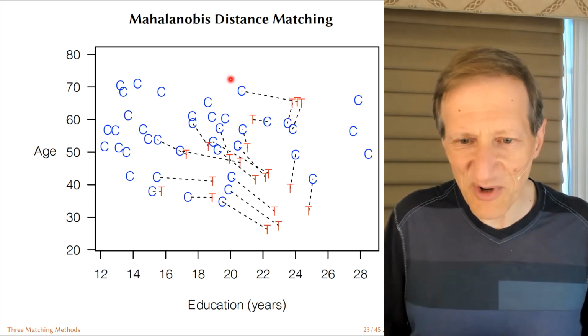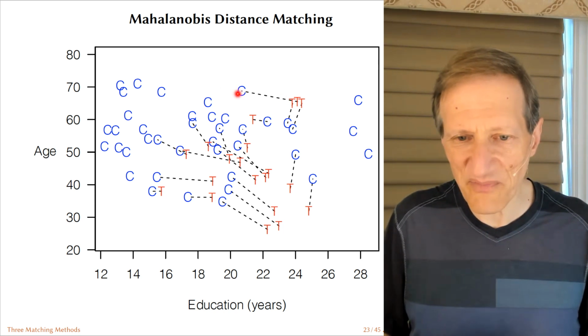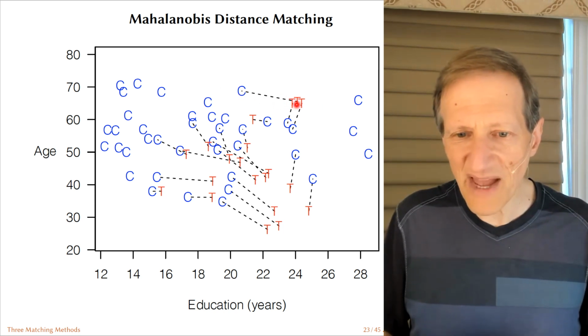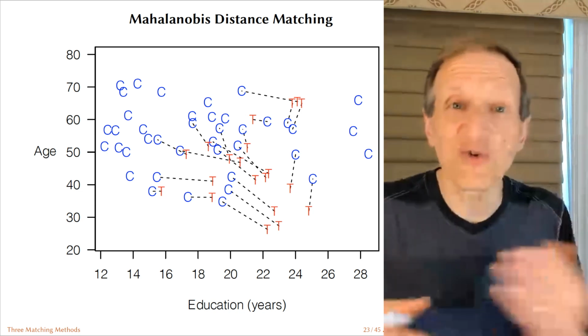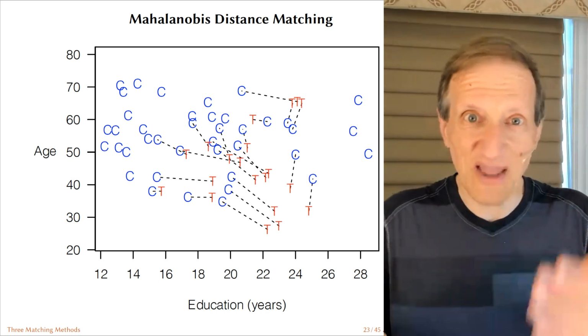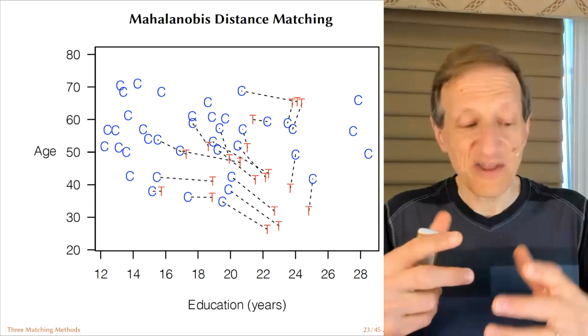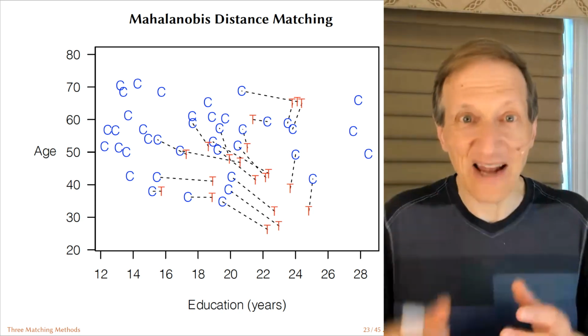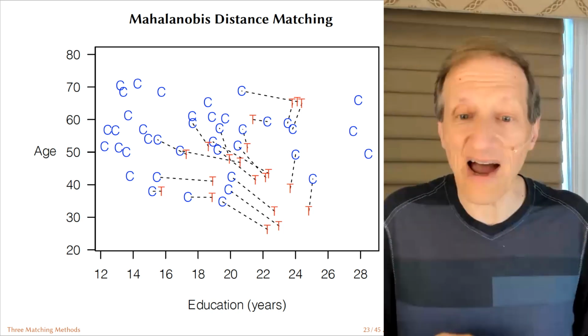This one matches all the way over here. Why does this treatment unit match over here when it could match over here? Well, the reason why is because something else matched already. It is like musical chairs. And the order in which they match actually matters. So that's called greedy matching, where the order in which your data are set up actually determines the match, which seems a little crazy, right? Because it seems like you could optimize.